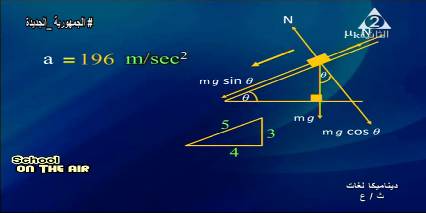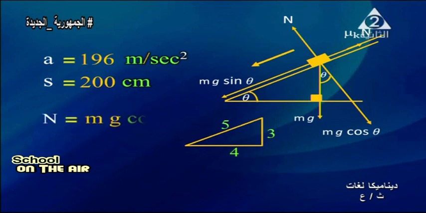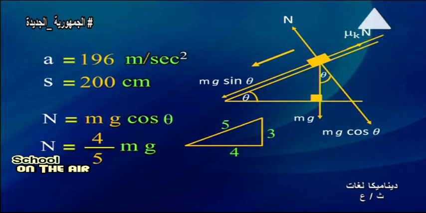The acceleration of motion is 196 centimeter per second squared, and the body traveled 200 centimeter on the plane, so the distance s equals 200 centimeter. Now N equals mg cosine theta, so N equals 4 over 5 mg.